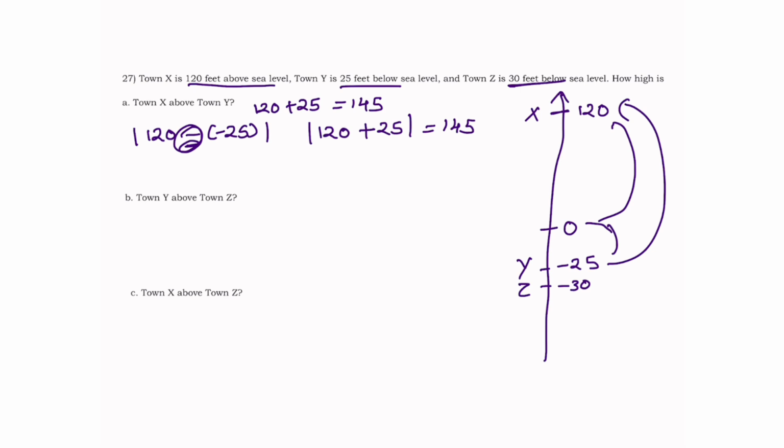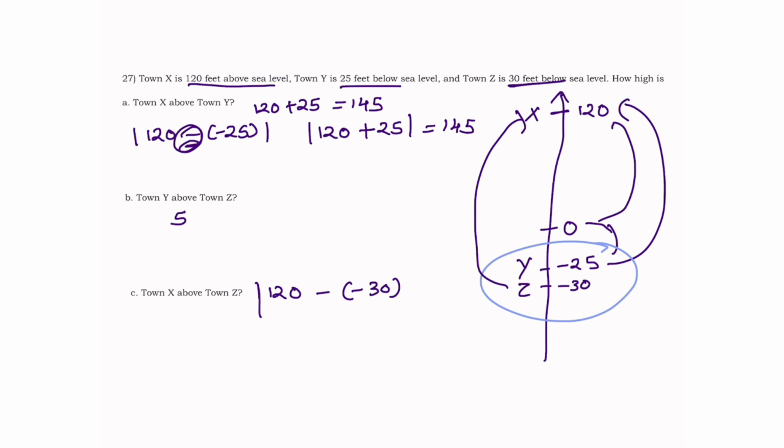Now it is town Y and town Z. That's quite simple to figure out, right? Because looking at it, we know the distance is 5. And the last one, town X and town Z. Now from here to here, as we did in the first question, it's the same thing. 120 minus minus 30, because town Z is at minus 30, and that's 120 plus 30, which is 150.